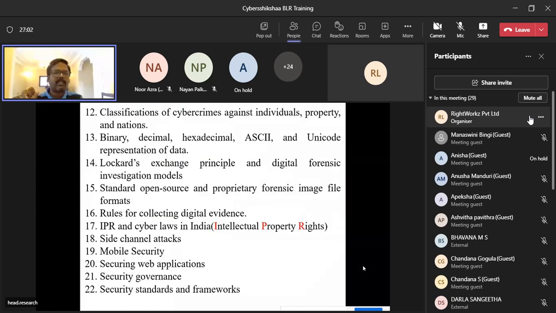So then followed by the binary number system, decimal number system, hexadecimal number system, and ASCII, American Standard Code for Information Interchange, and Unicode representation of data.